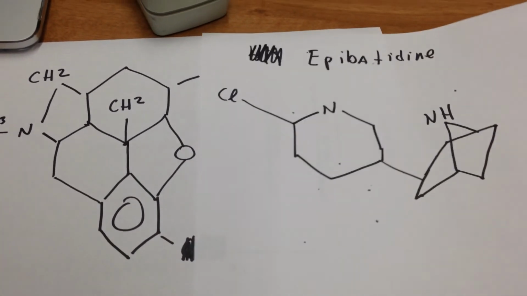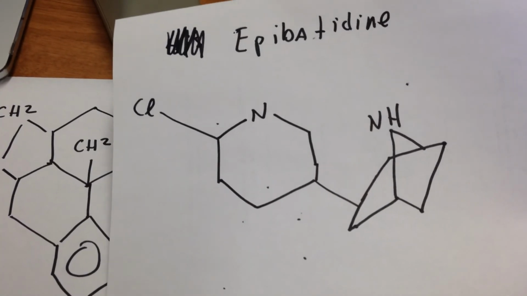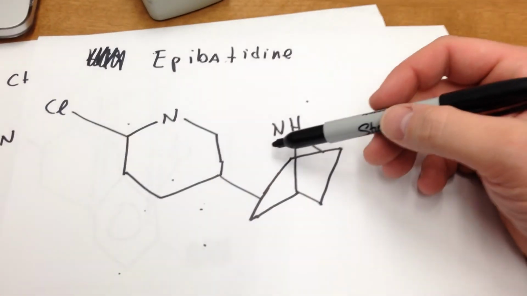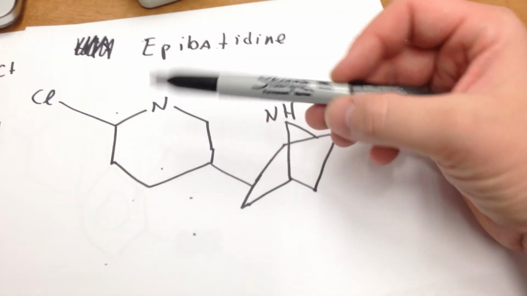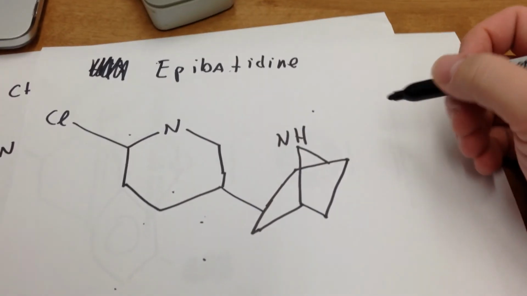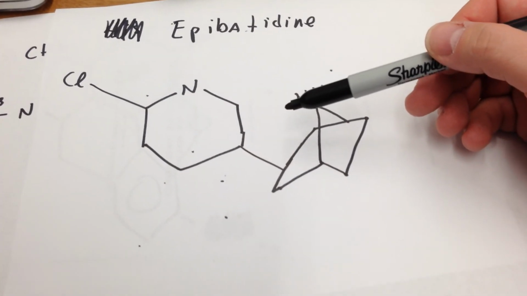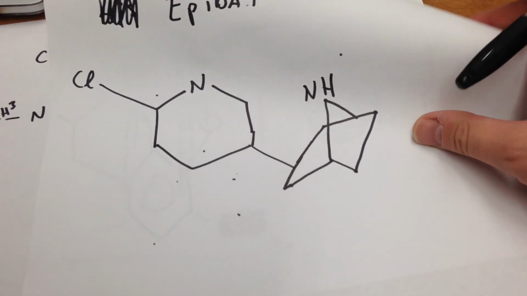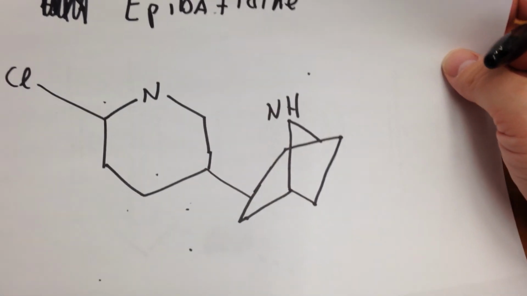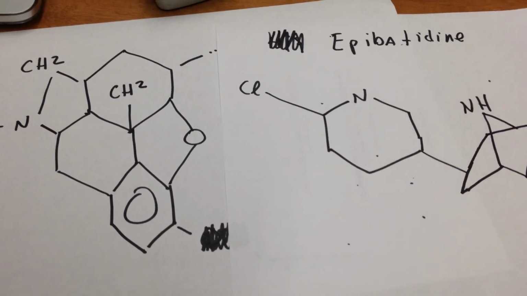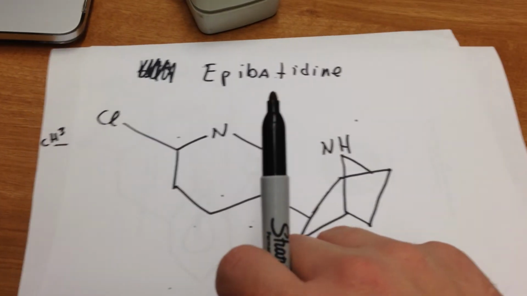And you can see that it contrasts pretty significantly here. So I don't exactly know what's going on here. Maybe this is very specific to a certain type of opiate receptor. Maybe this just has very high specificity to mu opioid receptors, which are the receptors involved in a lot of the pain, decreasing pain sensation. I don't exactly know. But there you have it. It is what it is.